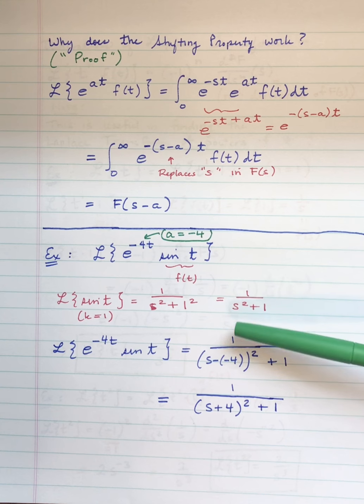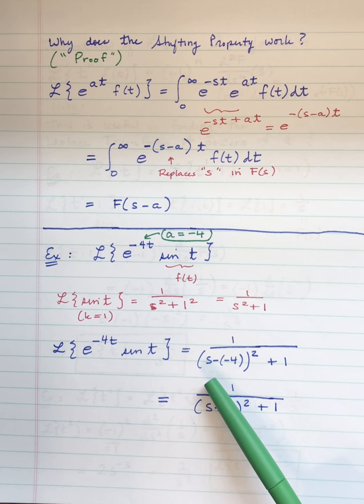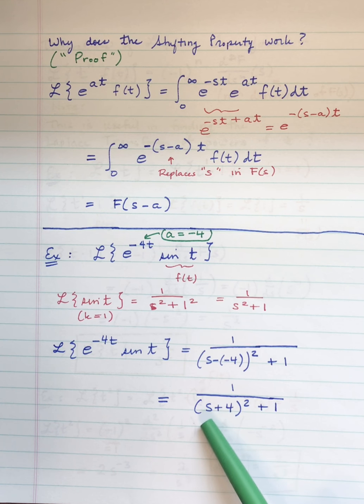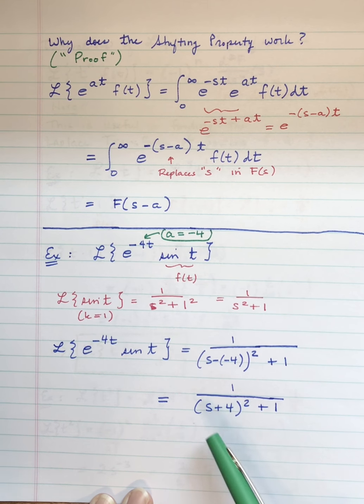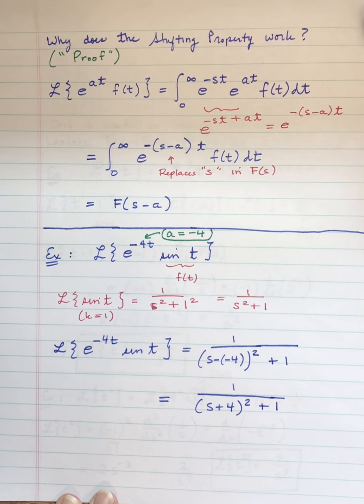So every place you see an s, you're going to replace it with s minus a. Well, this time you have s minus a negative number. So that becomes s plus 4 squared plus 1. So anytime you see s plus 4 or s plus a, that means you have a negative power with the exponential function.